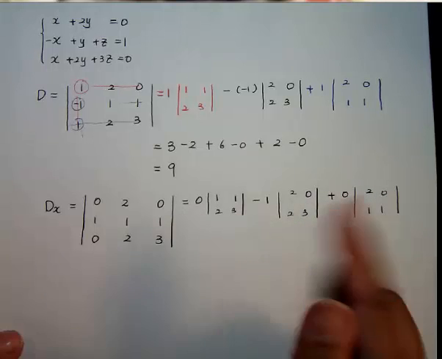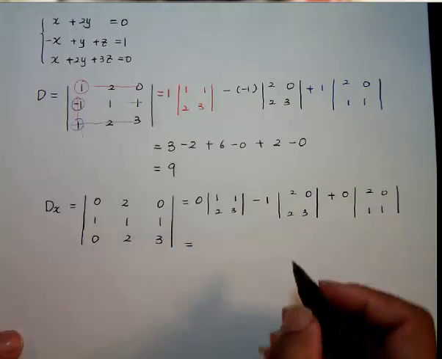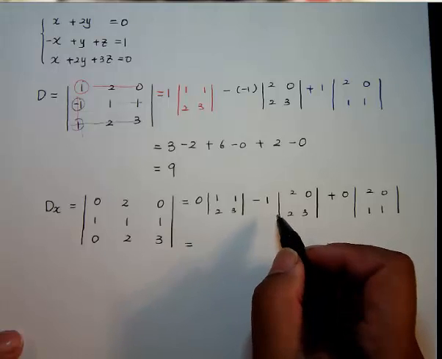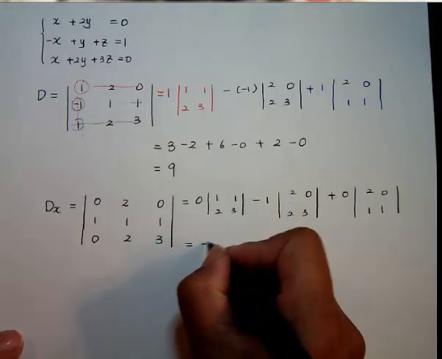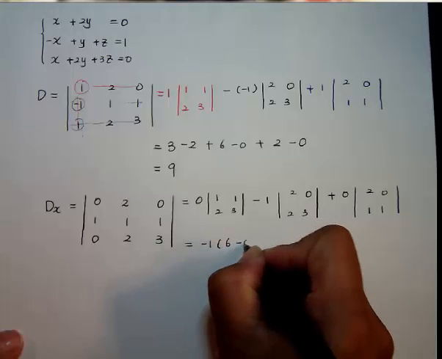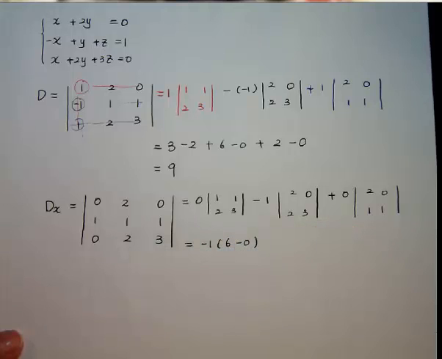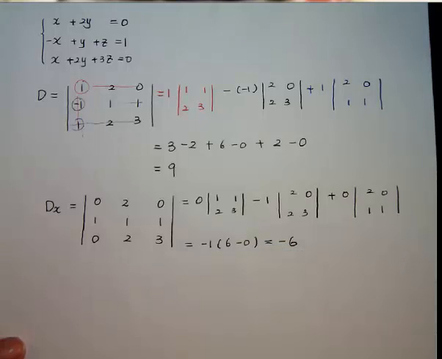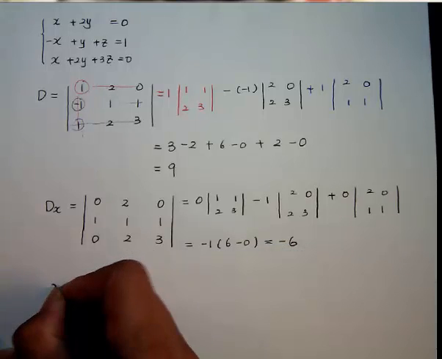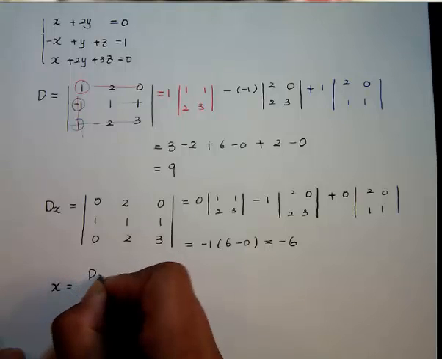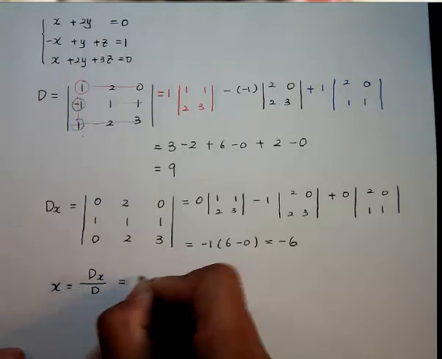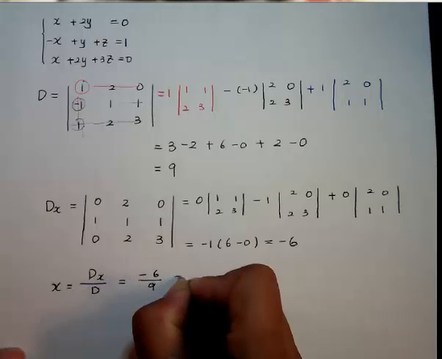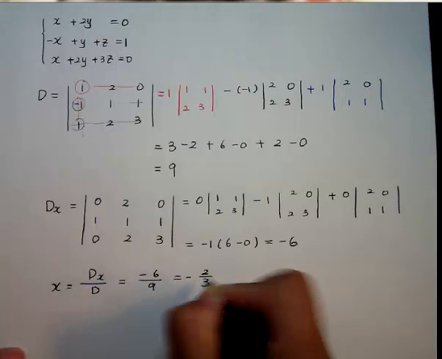So this is 0 out. That one will give us negative 1 times 6 minus 0, that is negative 6. So the x can be found by using dx over d. That's negative 6 over 9, negative 2 thirds.